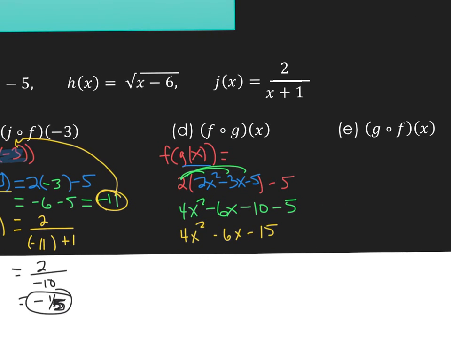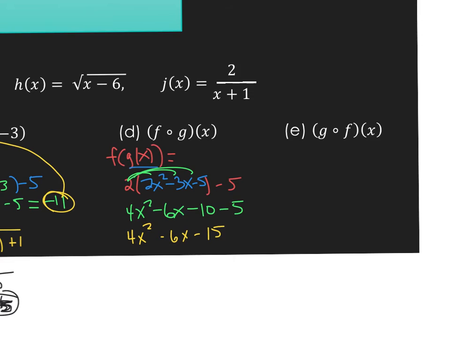Now we're going to find g of f of x. So we take our g function and put empty parentheses where the x's are. Now we're going to replace those empty parentheses with the f function, which is 2x minus 5. And remember, if I have a quantity squared, you have to write the 2x minus 5 twice.